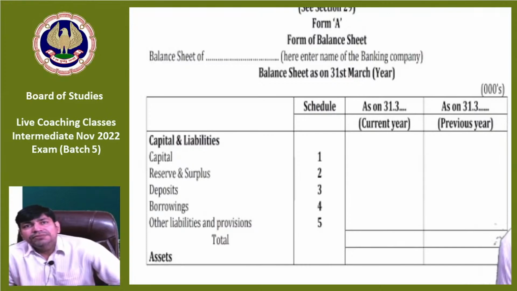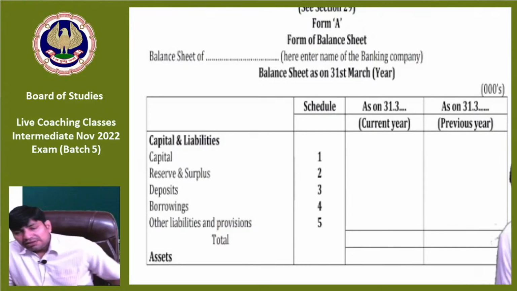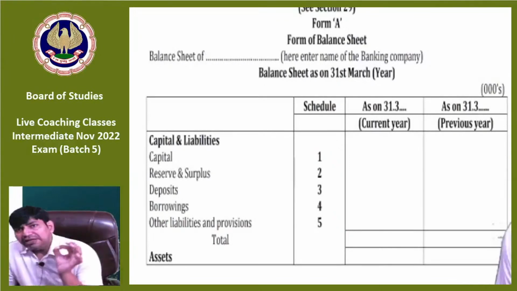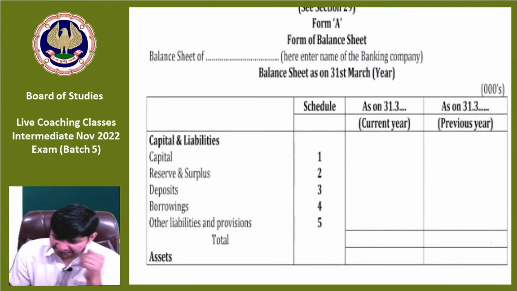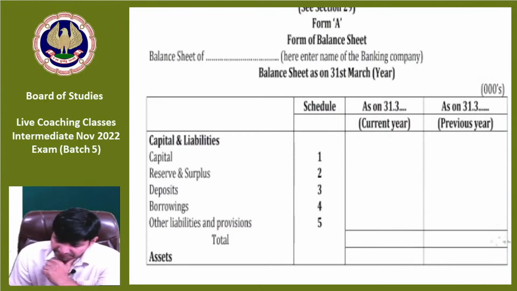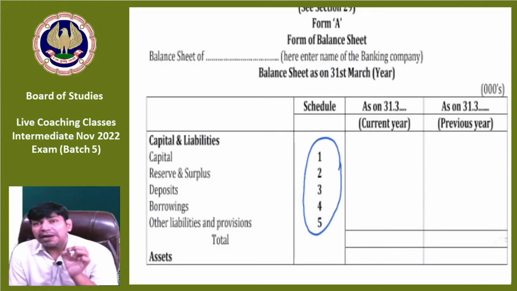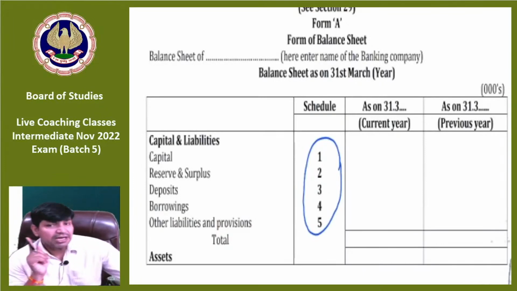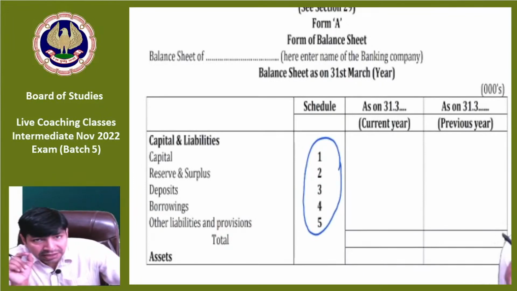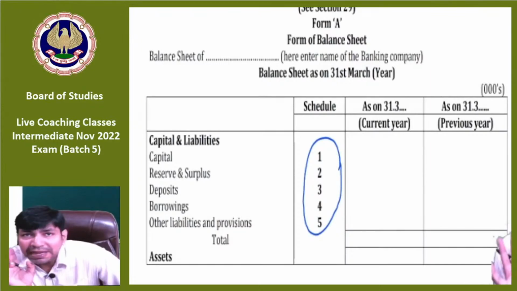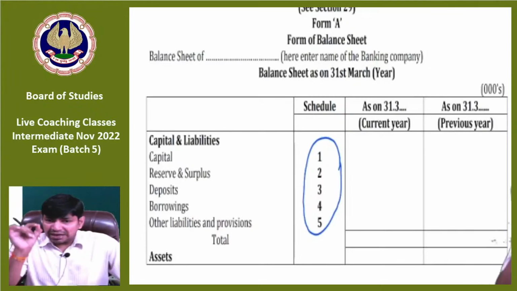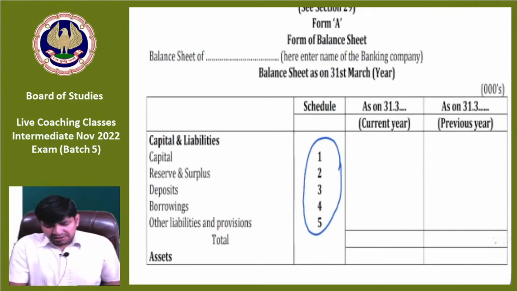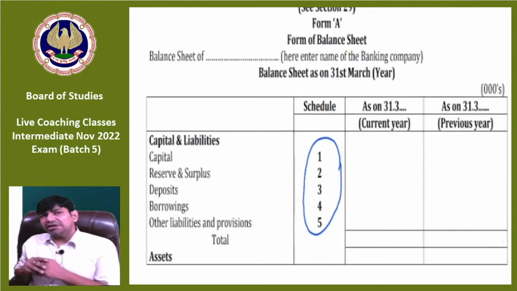See, beta, what we have to maintain here, only one thing is very much different. In Companies Act 2013, these schedules were not fixed for a particular head. But here in Banking Act, these schedule numbers are fixed. What happened in Companies Act 2013?